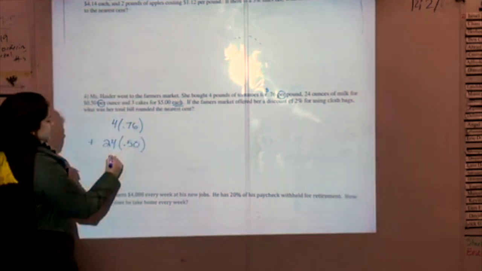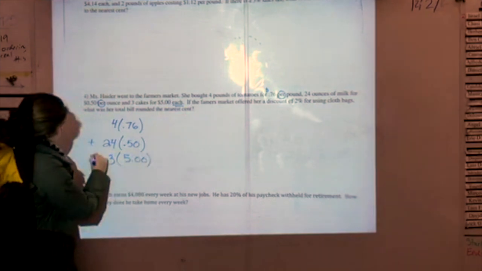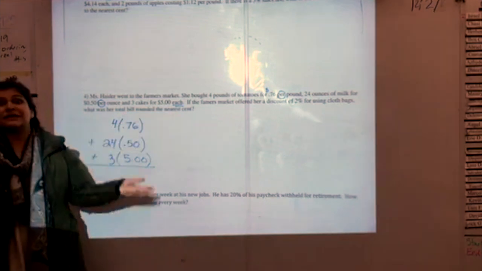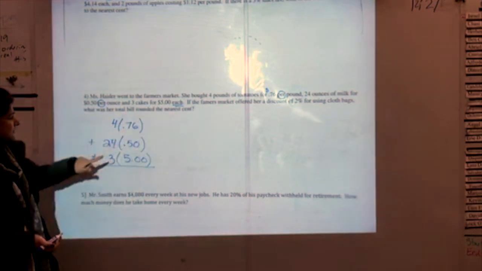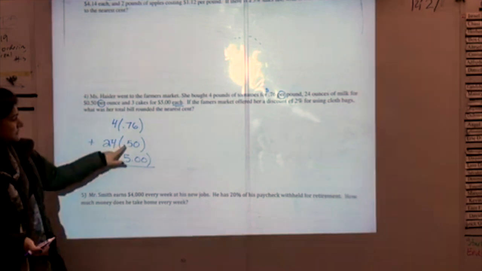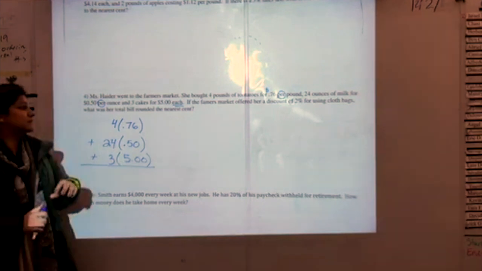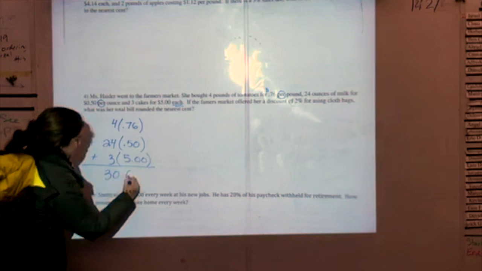I got 3 cakes, multiply that by $5, add that, and that should give me my initial price without any percents applied. So 4 times 0.76 plus 24 times 50 cents plus 3 times $5 gives me a grand total of $30.04.